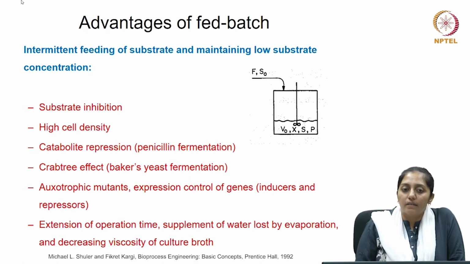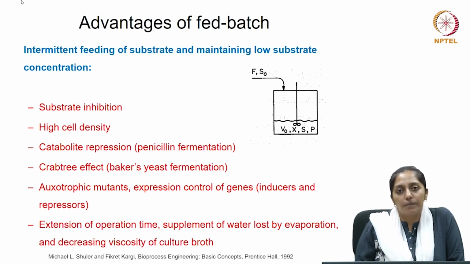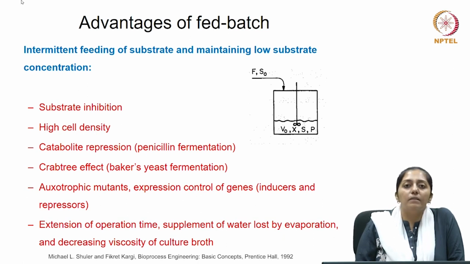And as I said earlier, to get high cell density, using a fed batch operation you can extend the log phase or the operation time. It can also help, because there is a continuous aqueous feed inside the reactor, to replenish the water lost due to evaporation during the fermentation process, and also helps in decreasing the viscosity of the broth due to higher cell densities.